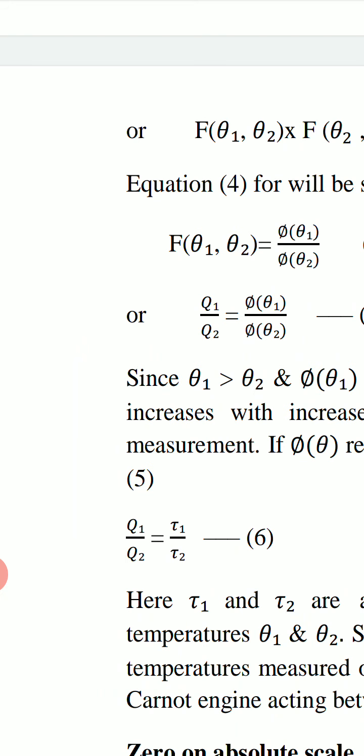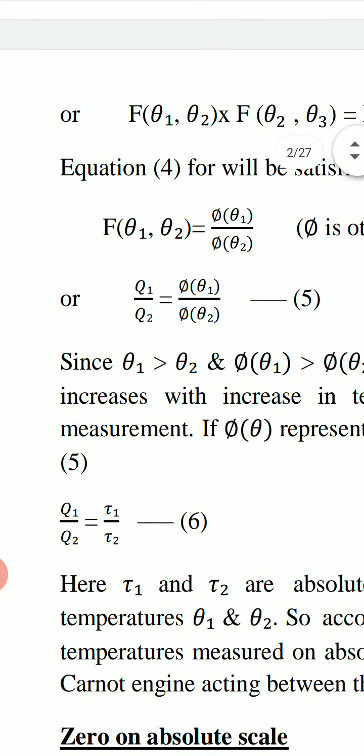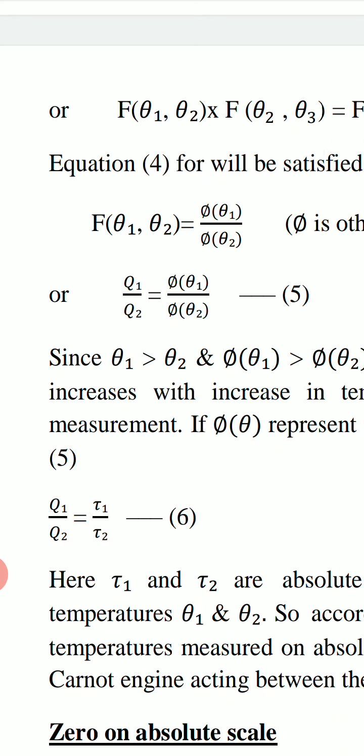Now F(θ1, θ2) is Q1 upon Q2. So we have Q1 upon Q2 equal to phi(θ1) upon phi(θ2).